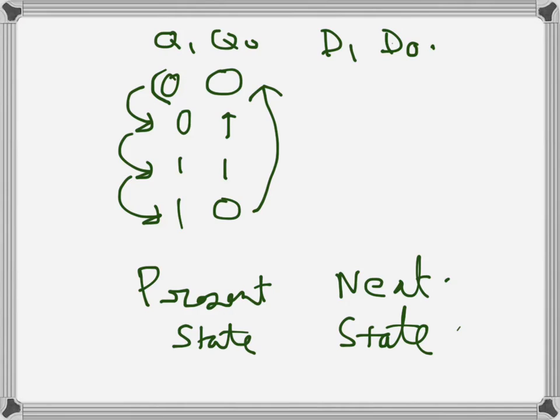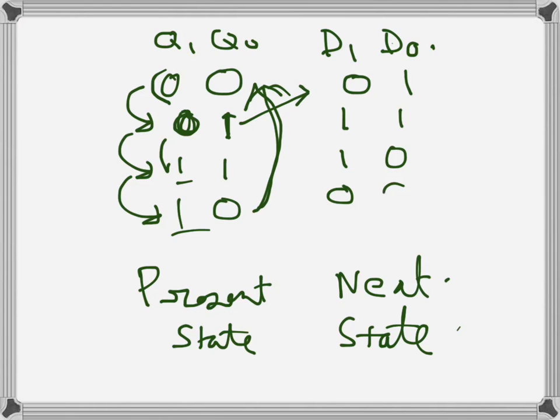When Q1 and Q0 both are 0, the next state for counting up will be 0 1, because it goes from here to here. Similarly, when Q1 and Q0 are 0 and 1, the next state is 1 1, as we can see here. Similarly, when it's 1 1, it will be 1 0, and when 1 0, it will go back here, so the next state is 0 0.